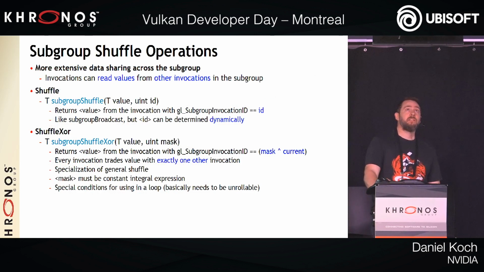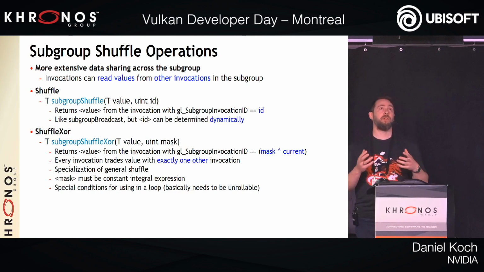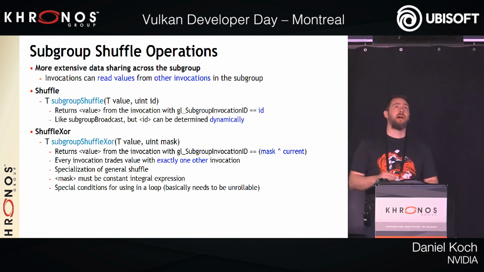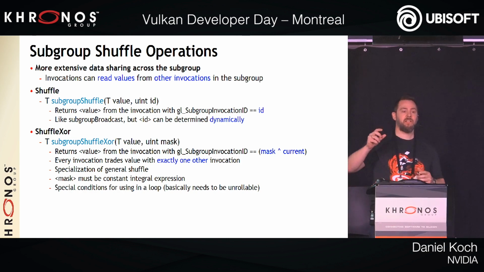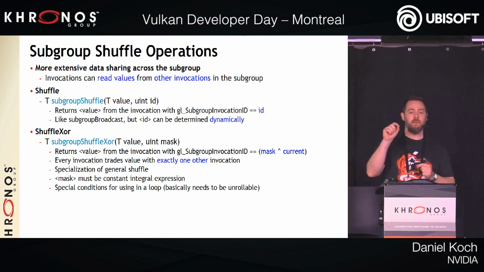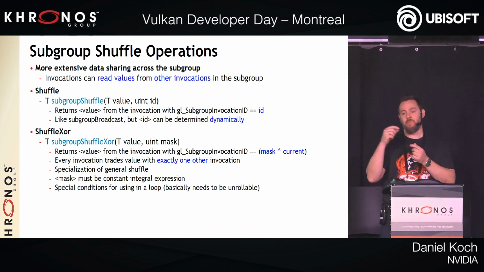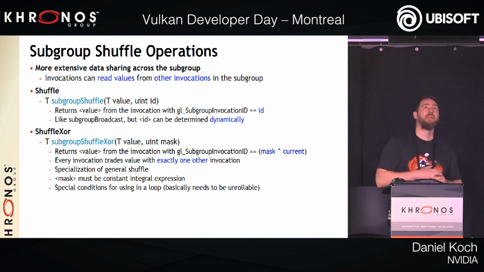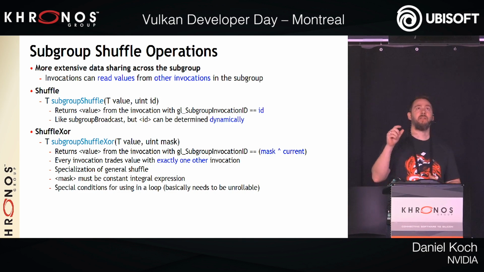Subgroup shuffle operations are a more extensive way of doing data sharing across the subgroup. Basically, an invocation can read the value of a variable from another invocation. So if I do subgroup shuffle, you can specify the ID I want to read this value from.